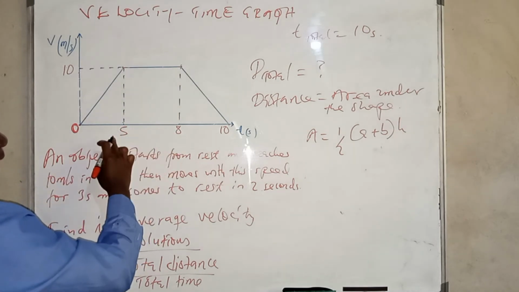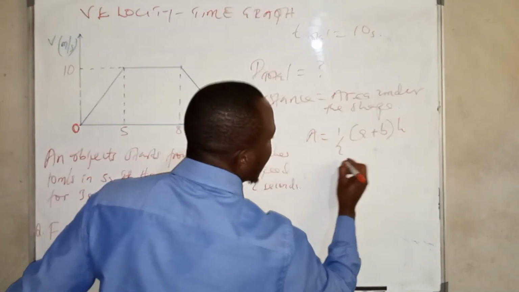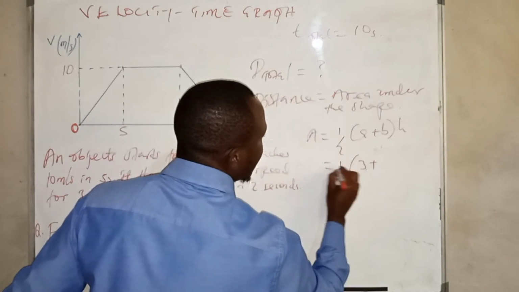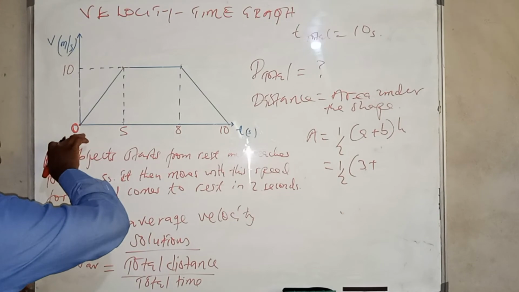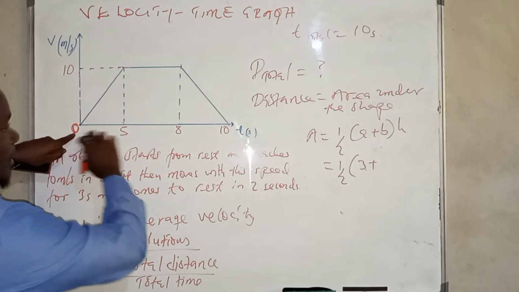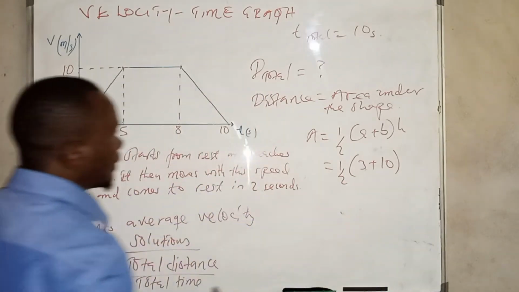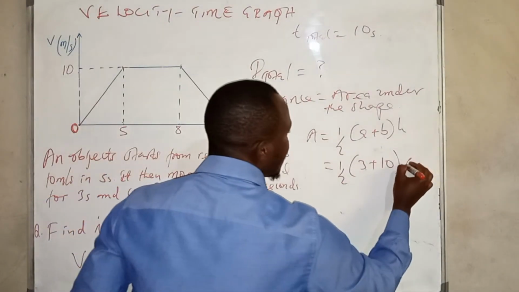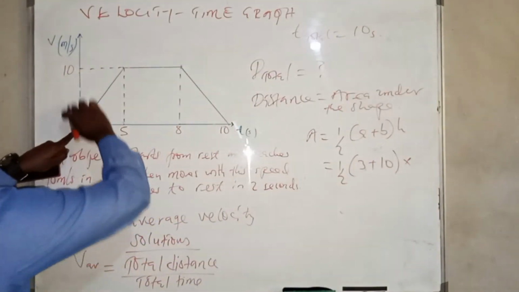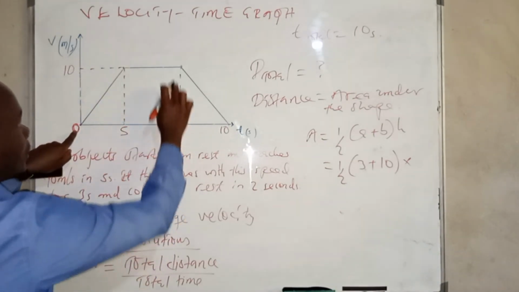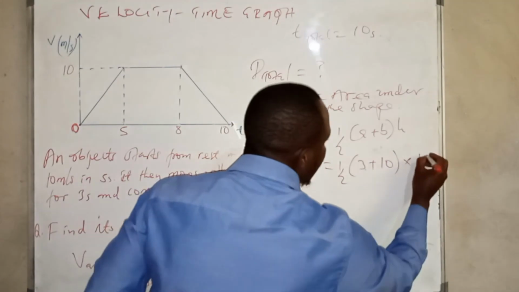So 8 minus 5, which will give us 3. So 3 plus, then our b, as we did from the previous video, it is from 0 to 10. And so this is just 10. Then times the height, which is from 0 to 10, so 10.